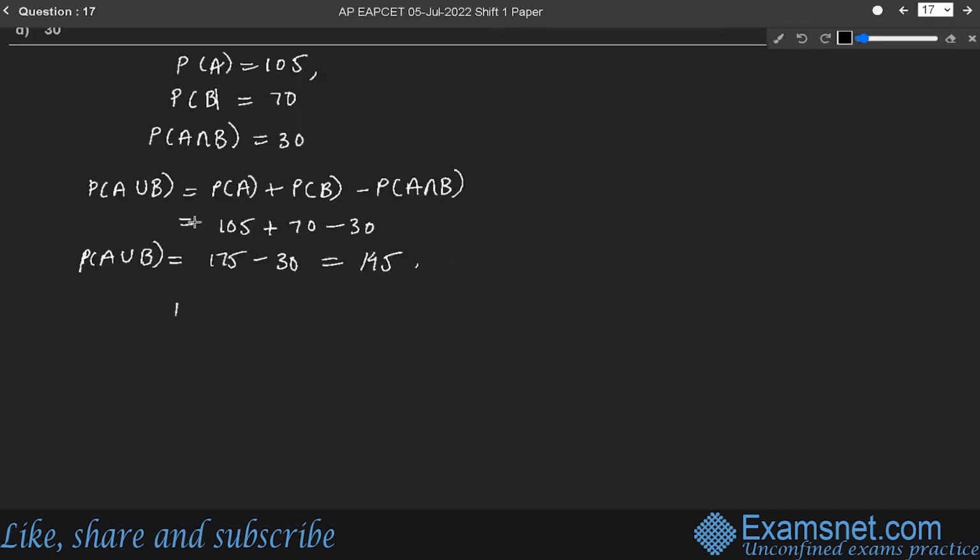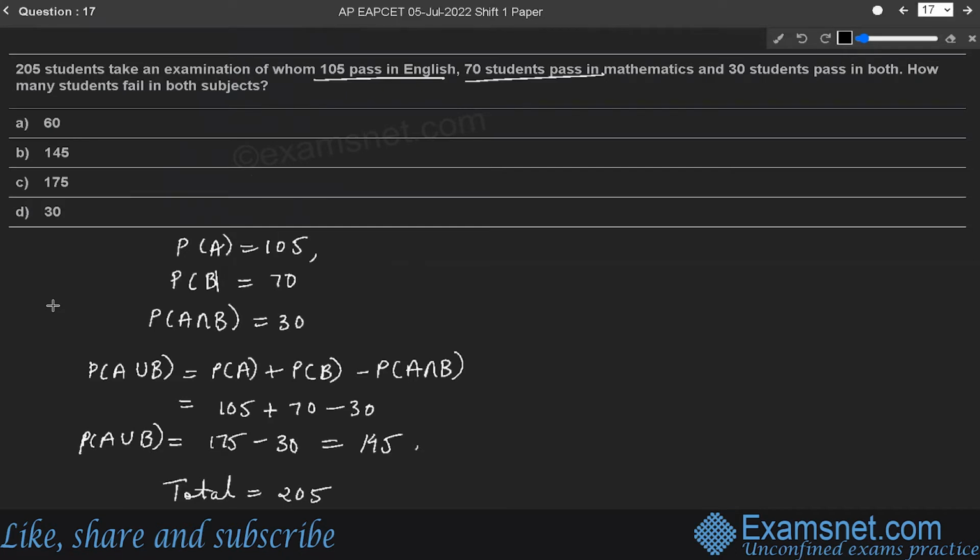Now we know that the total number of students is given, which is 205. We have to find how many students fail in both the subjects. So out of 205, 145 is subtracted, then the remaining is 60. So we can say that the remaining students fail in both the subjects. Therefore, the number of students that fail in both the subjects is 60. So option A is the correct option for this given question.